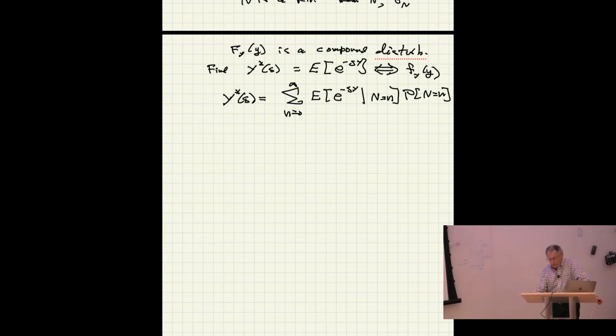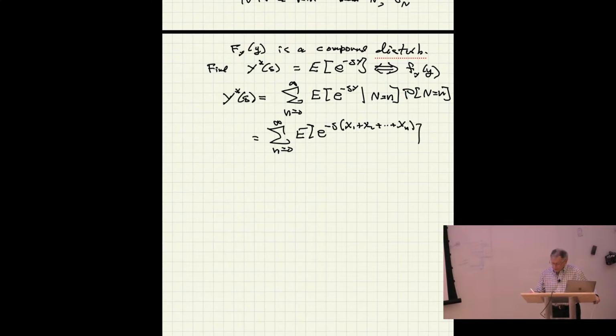Now, if I tell you there are exactly little n added together, then I can write this expression rather easily. That's a summation of the expectation of e to the minus s times y. In this case, y is going to be x1 plus x2 out to x little n, a known number. That times the probability that N did take on that value.